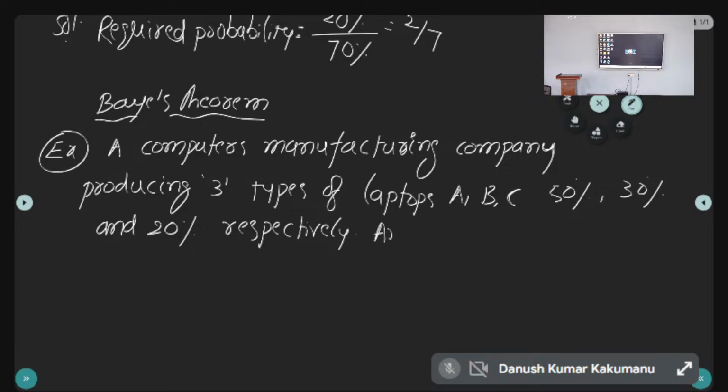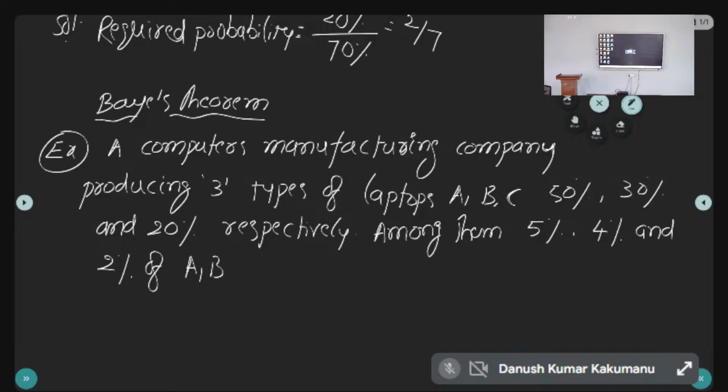Among them, 5%, 4% and 2% of A, B, C types respectively are defective.